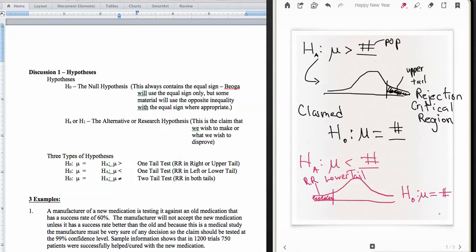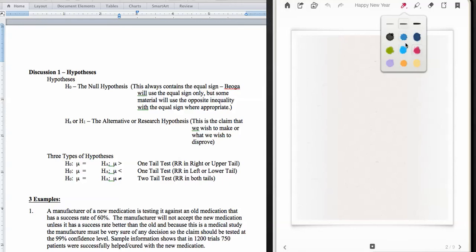So what we're going to look at finally is a two-tail test. And for a two-tail test, our claim is that it's just different. So different could be big or small. It could be different than some number.